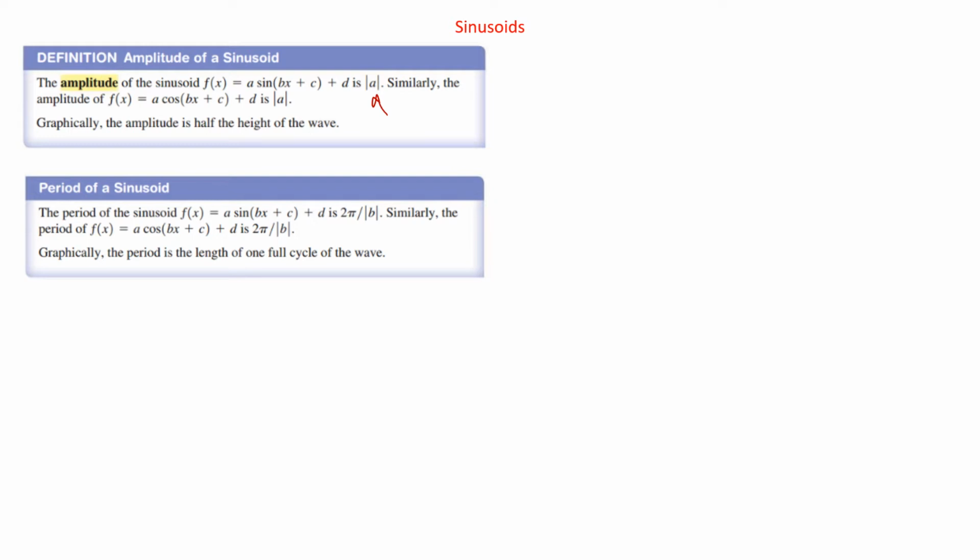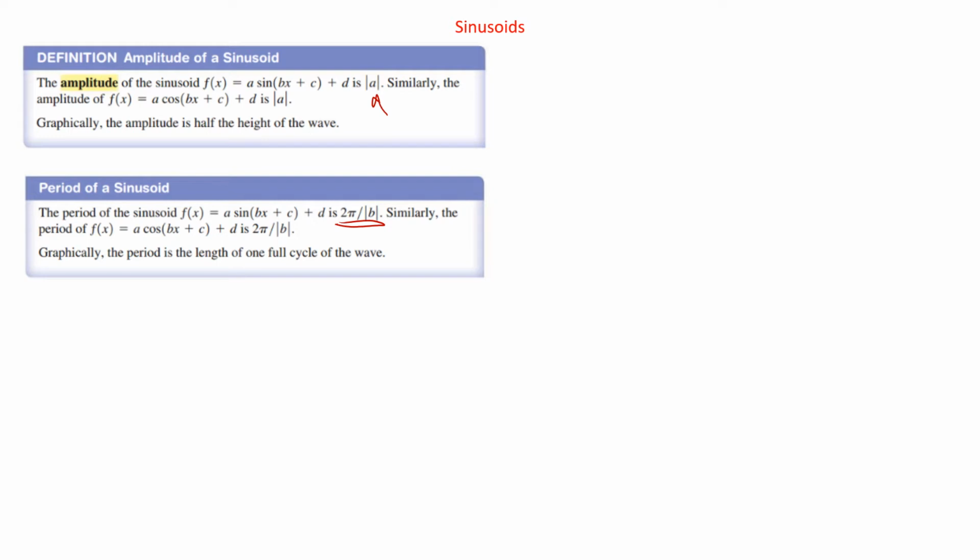So we have 2 pi divided by the absolute value of b. Now, b is generally positive. We don't usually see a negative b, but sometimes we do. So it is important that that is positive. So the period is 2 pi divided by the absolute value of b.